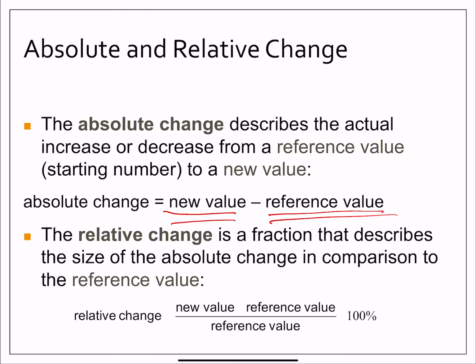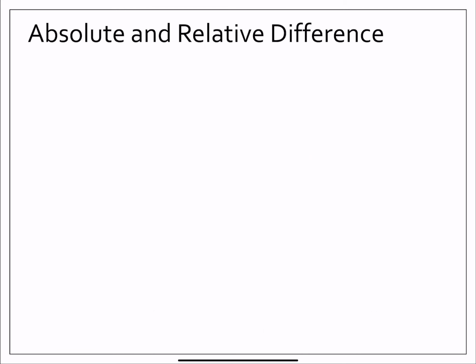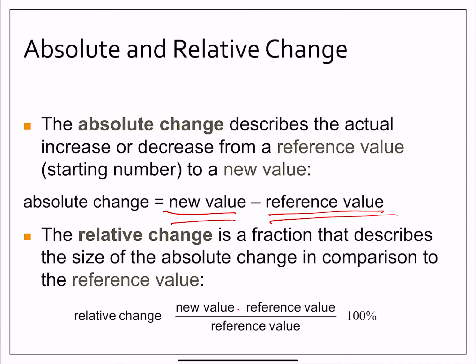Now, relative change is when you are looking at the percent, or the fractional amount, that something changes. It is the fraction that compares the absolute change with your reference value, or your old value.